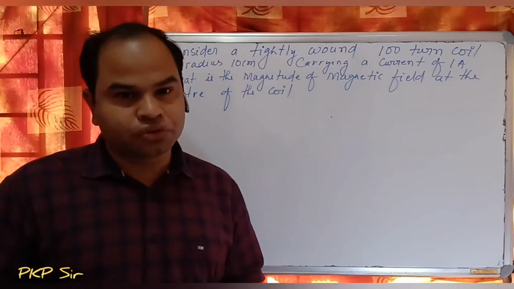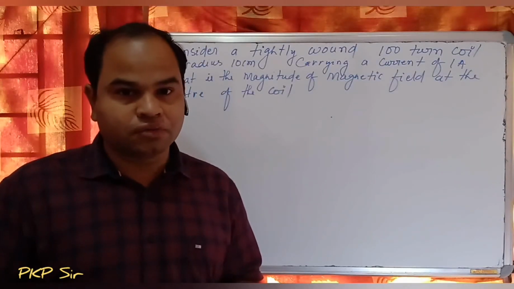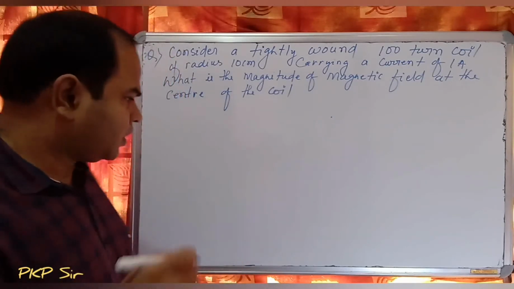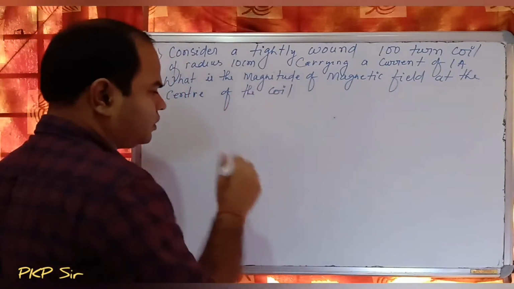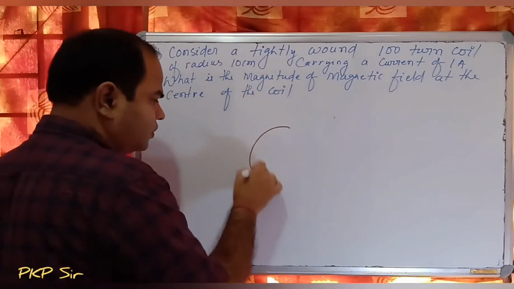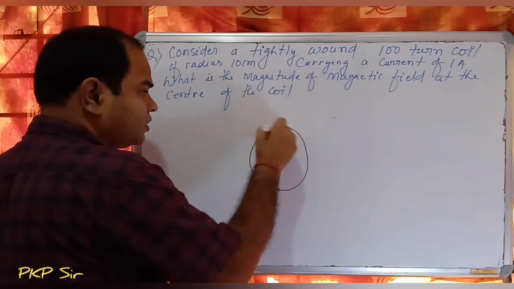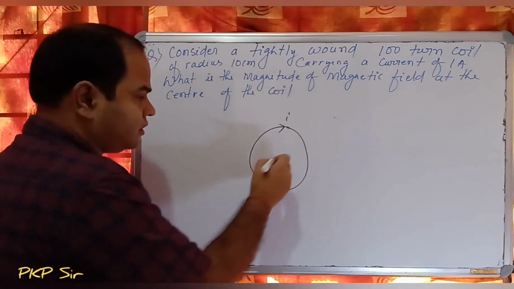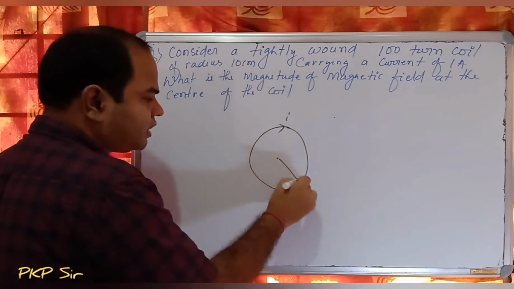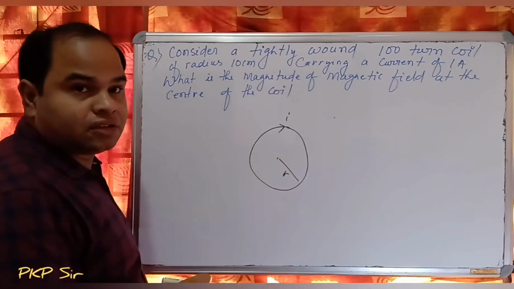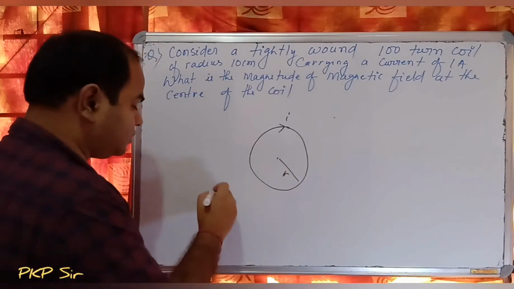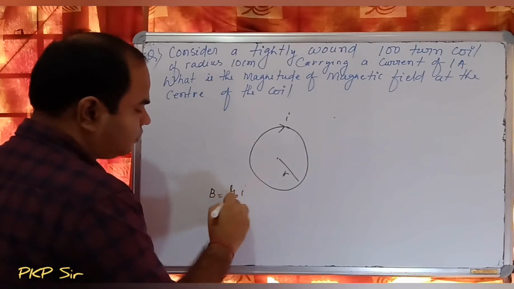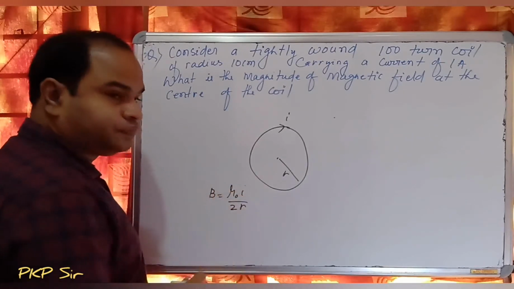Next we will do a question based on the formula. Before doing this question, we derived that if a circular current carrying conductor is carrying current I, then the magnetic field at the center of the circular conductor is B equal to mu naught I by 2r.